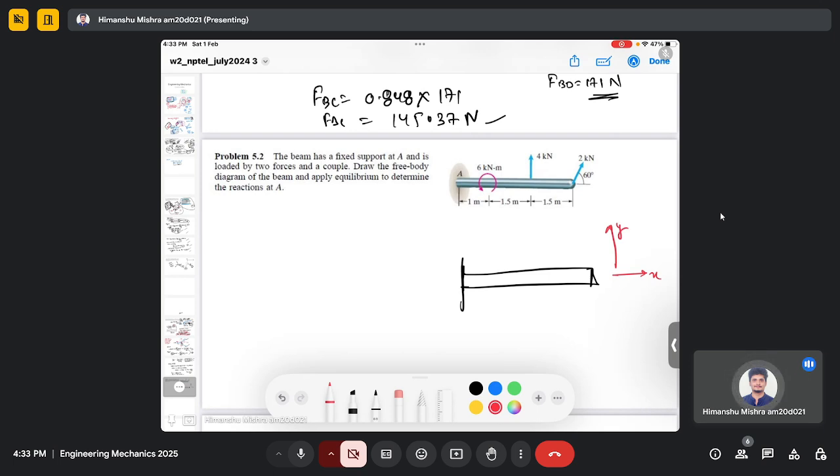Since this beam cannot translate in the x direction or y direction, there will be reaction forces, let's say Ax and Ay. Now for the fixed support, this beam cannot rotate as well, which means there will be a reactive moment also which will act, right?